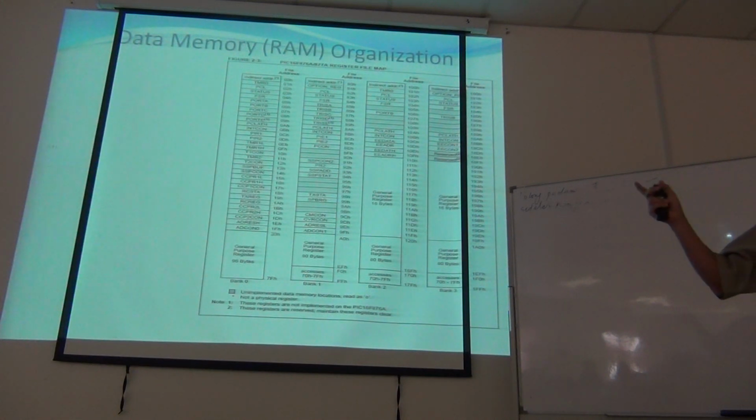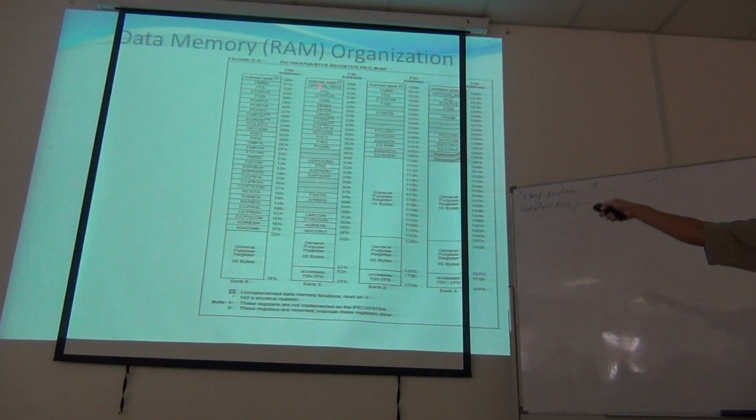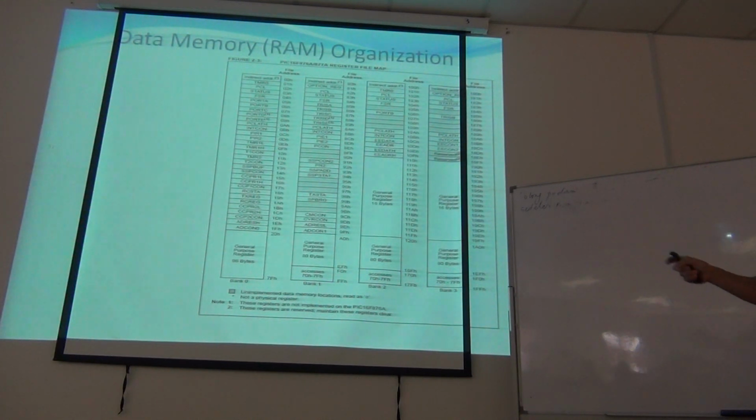So this is called a register also. This is the whole RAM that you have in the microcontroller. It's divided into locations, and there is a function for lots of them. The one that you played around with last class is about TRIS.